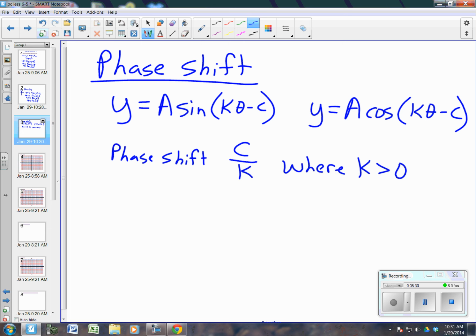In other words, k has to be a positive number. If it's a negative number, then it works opposite from what I'm showing you. And if c is less than 0, then the shift is left.